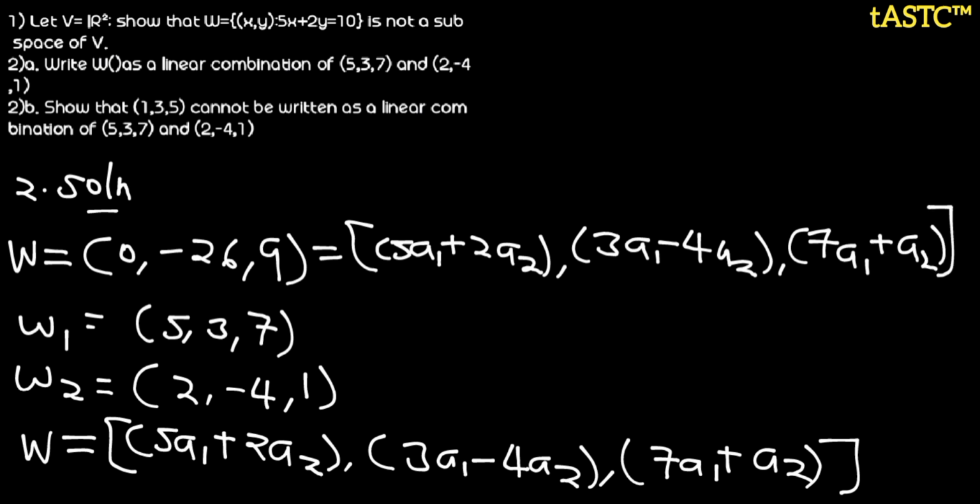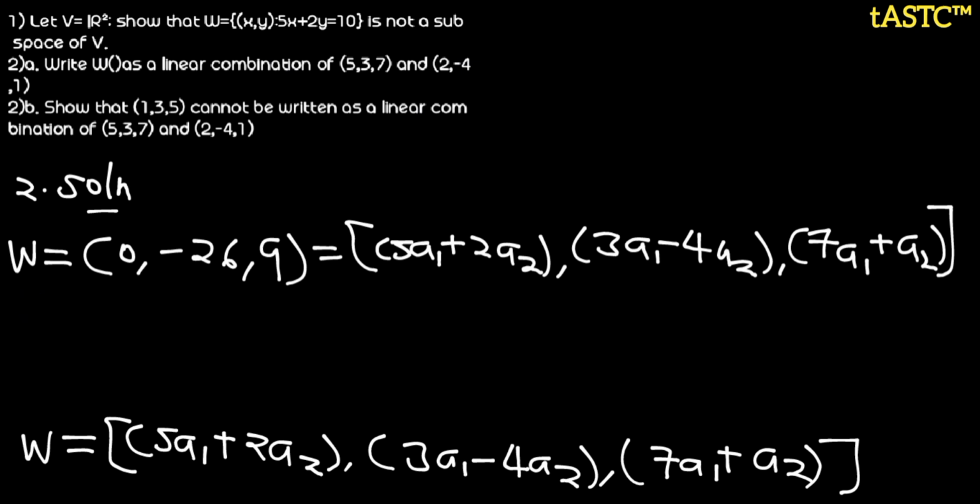Now we could actually combine this stuff together, or compare rather. So in this case we could say 0 is equal to this, negative 26 will be equal to this, and 9 will be equal to this one. So let us work that.